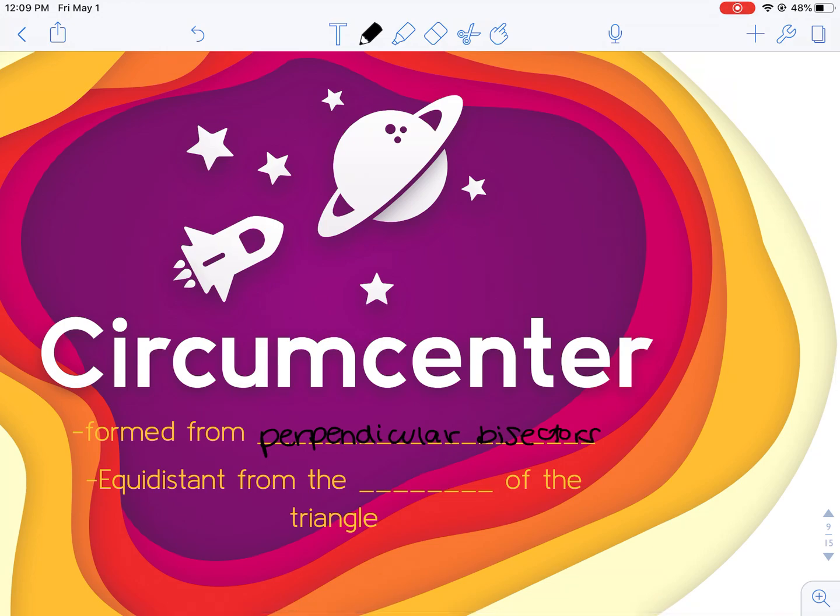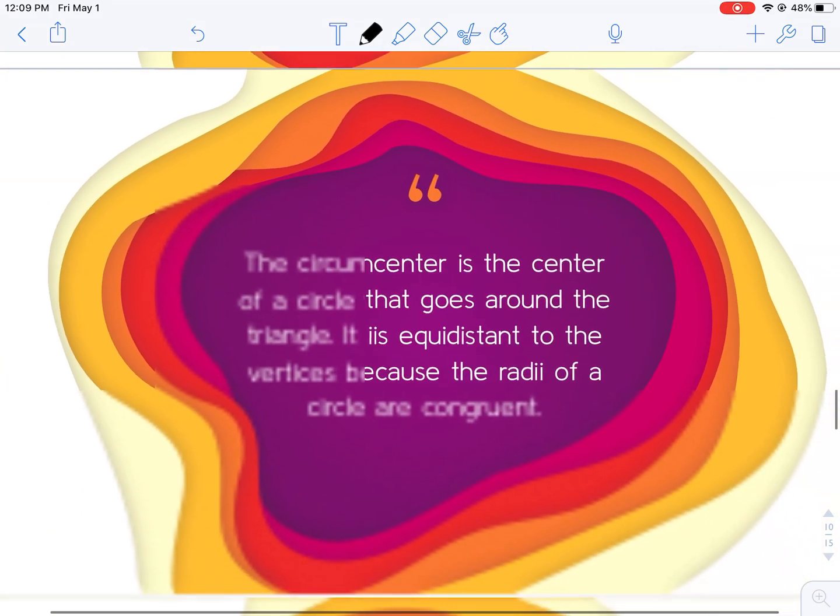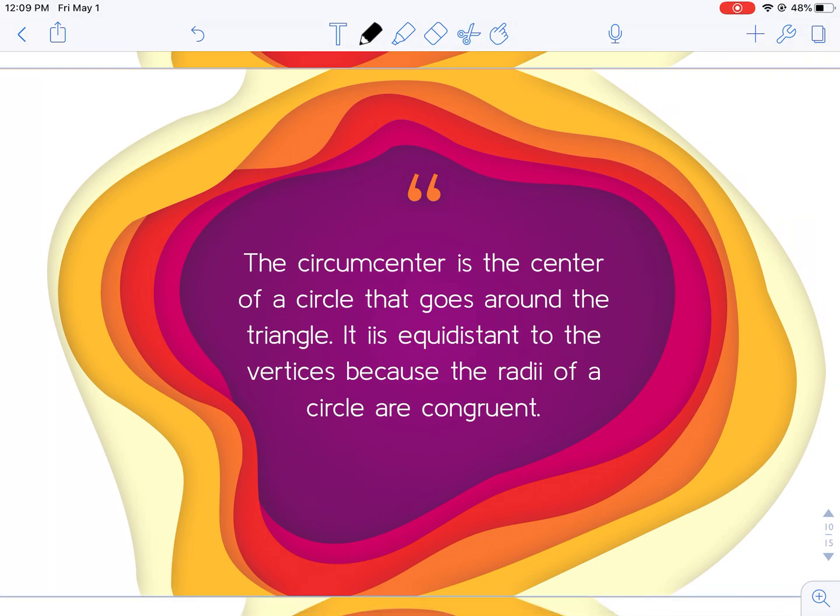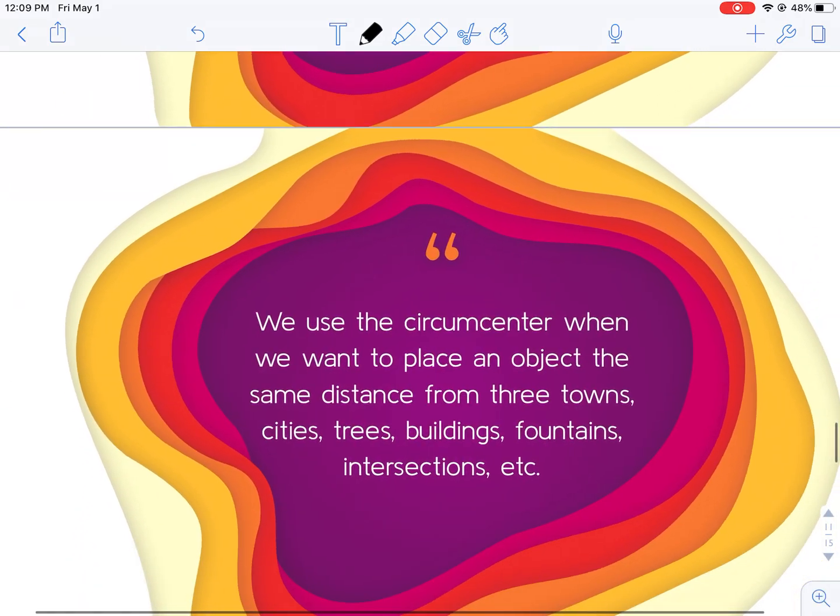It is equidistant from the vertex or vertices of the triangle. The circumcenter is the center of a circle that goes around the triangle because it's equidistant to each vertex.